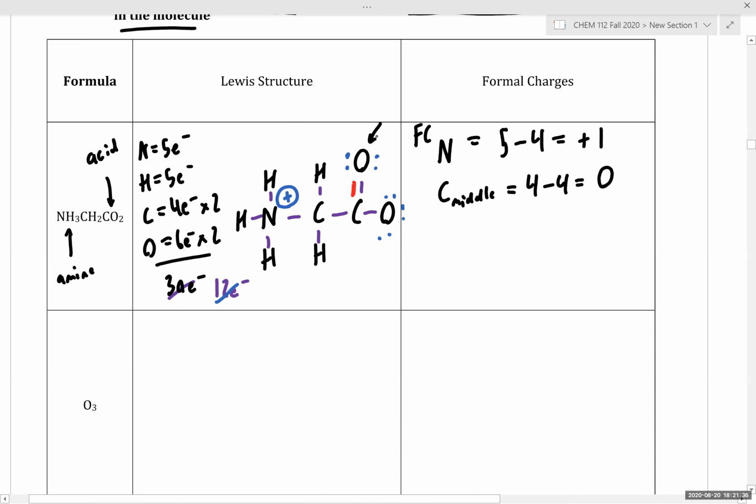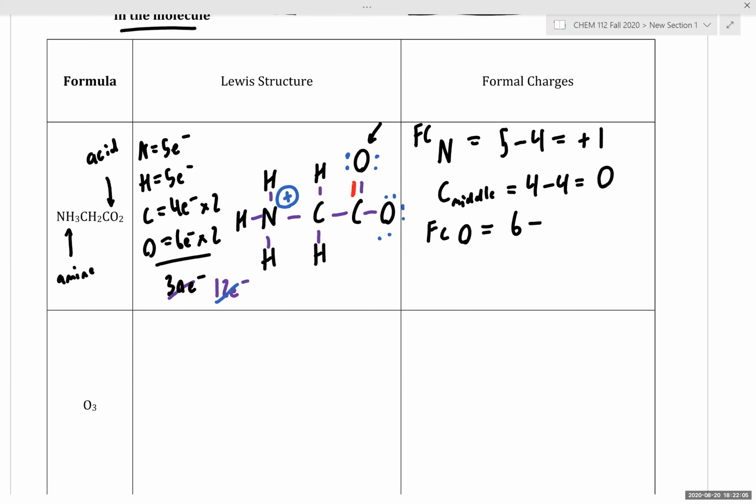Okay, let's look at the topmost oxygen. We have a group number of 6. How many lone pair electrons do we have? Not lone pairs, but lone pair electrons.